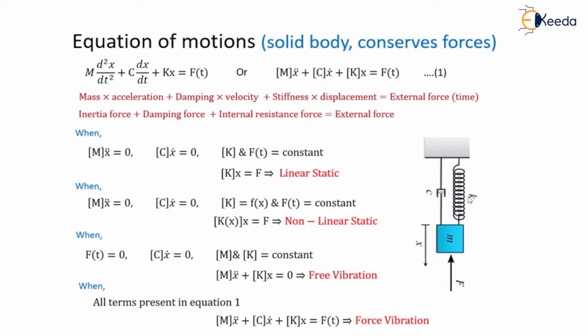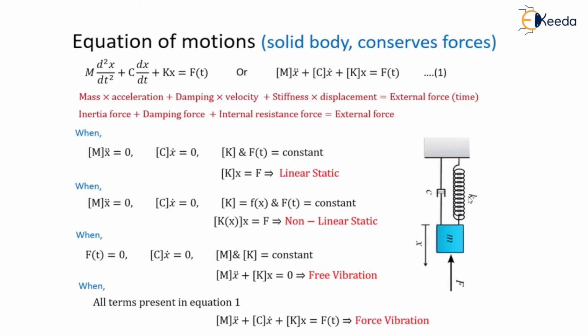When m x double dot is equal to 0 and c x dot is equal to 0, and F and k are constant, that is the linear static condition, where kx is equal to F. If time is not considered, it is linear static; if time is considered, it is non-linear static.